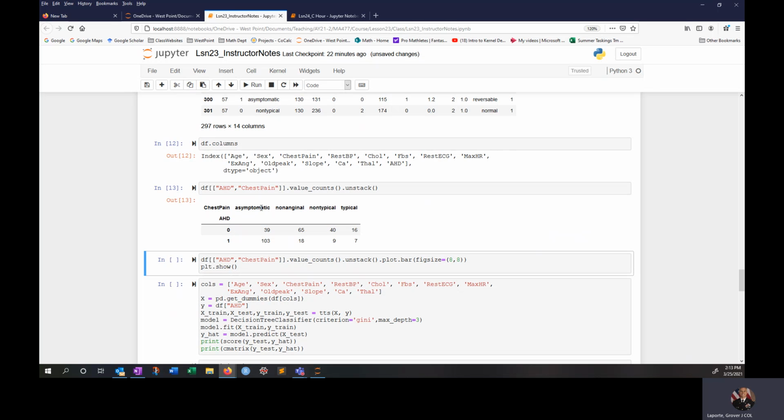You got these different classes called asymptomatic, non-anginal, if I'm pronouncing that correctly, non-typical, and typical. And so you can see if I want to now classify someone who has asymptomatic chest pain, I'm probably going to say that they do have heart disease. And I'm probably going to say someone anginal, it does not.